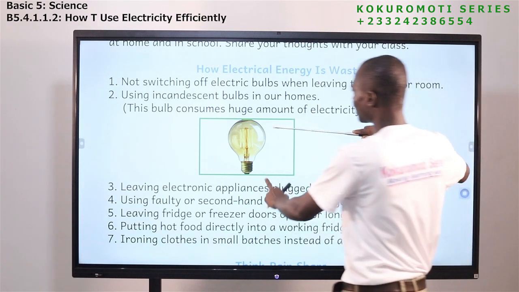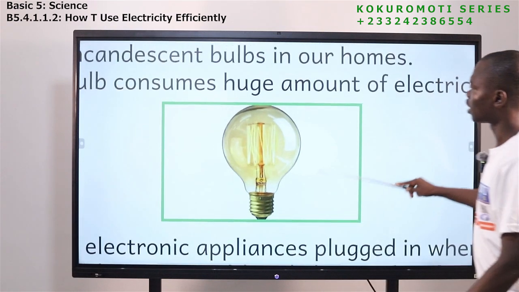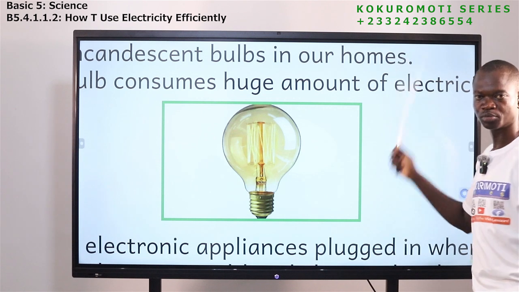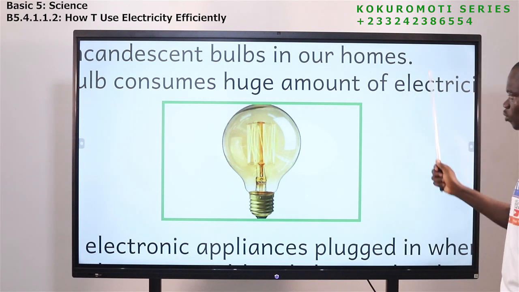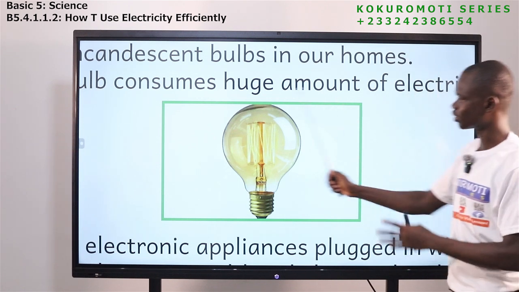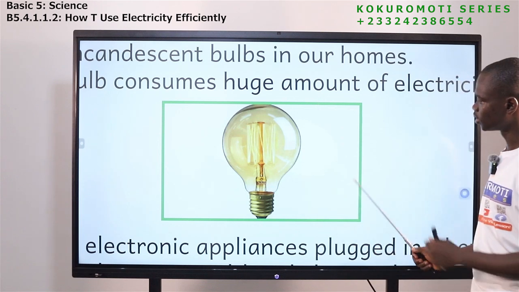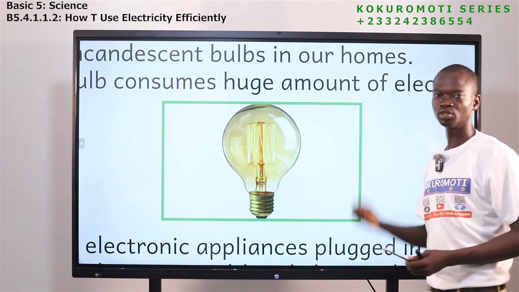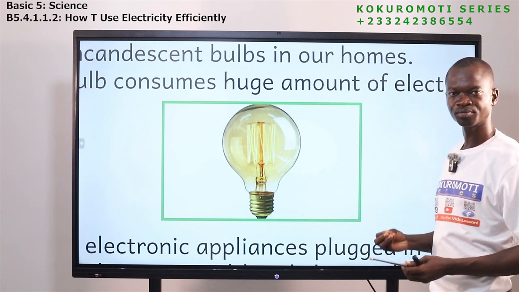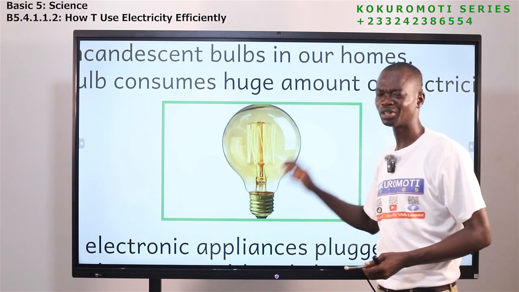I pronounced the word for you. We saw the word, incandescent. So this is an incandescent bulb. This bulb uses a lot of energy. So if you use this bulb, you pay more.